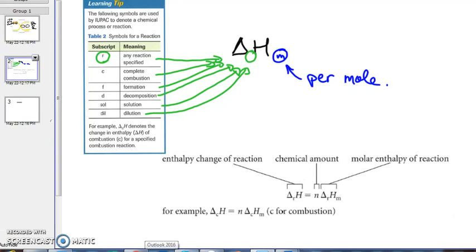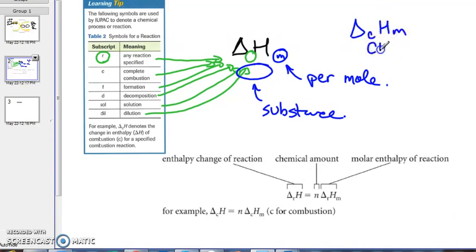And just to help take a look at what's actually happening, we would put the type of substance underneath, so let's say, for example, if you had delta CHM of CH4, this would be saying how much enthalpy per mole of methane when methane is combusting. What is happening? And then we would be assigning a value to this.